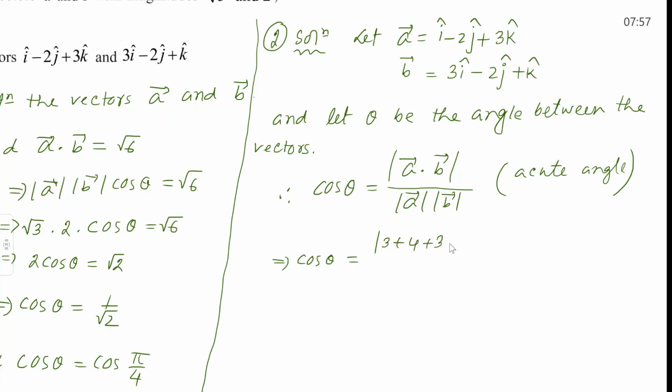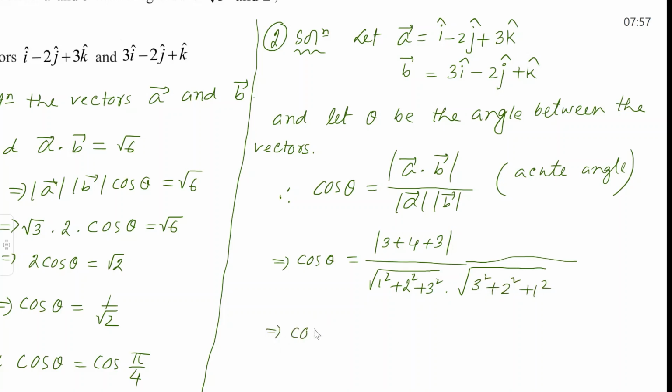This is a dot b, divided by mod a, which is simply root over 1 square plus 2 square plus 3 square, into modulus of b bar, which is root over 3 square plus 2 square plus 1 square.